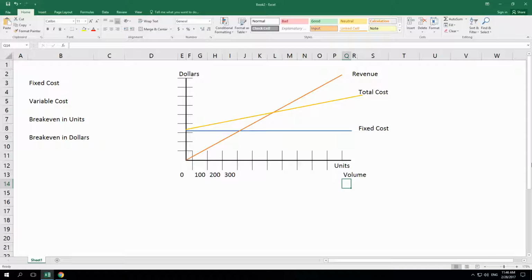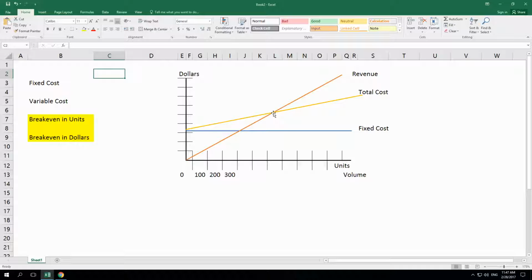So what we're trying to do with the break-even analysis, and we're going to use two methods, in units and dollars, is first figure out the point where total costs equal total revenue, because that's your break-even point. That's where you don't make any profit.